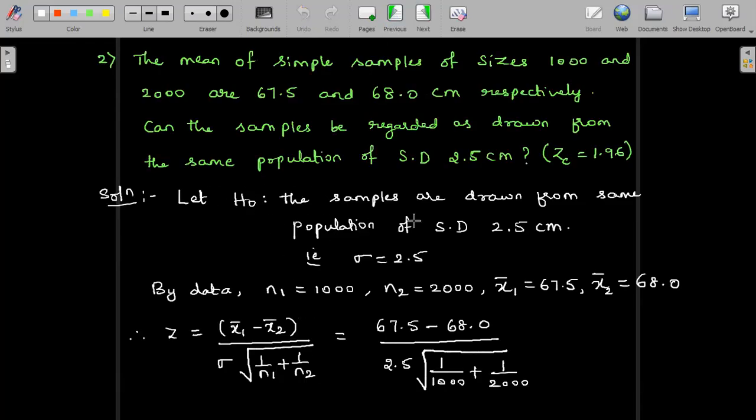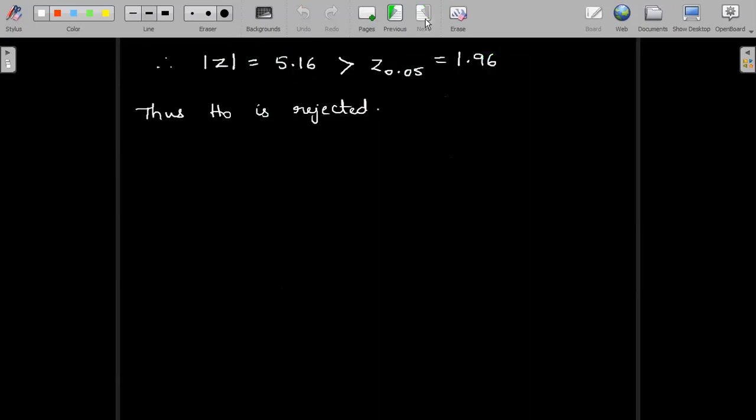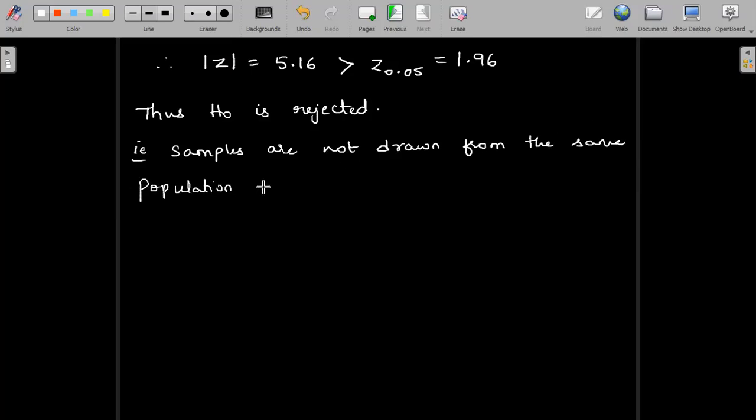So we had assumed the hypothesis as the samples are drawn from the same population, but since H0 is rejected, now the conclusion will be samples are not drawn from the same population of standard deviation 2.5 centimeter. Hence the solution for this.